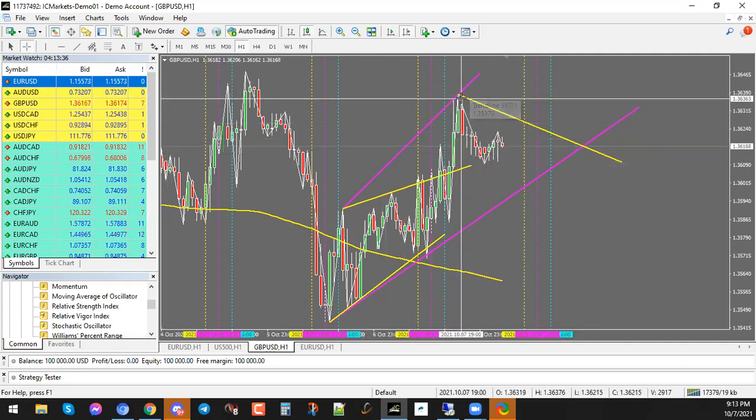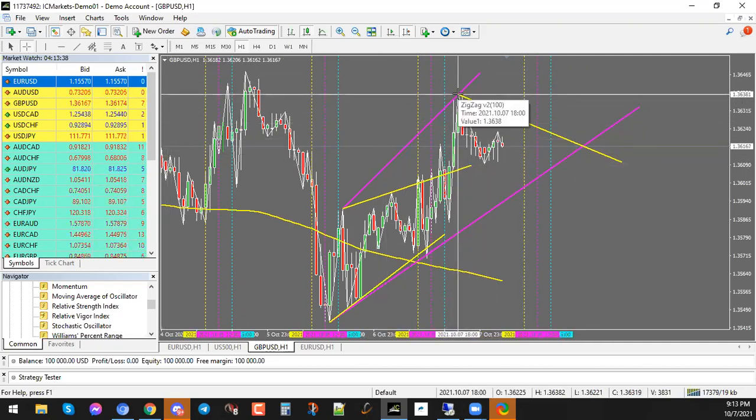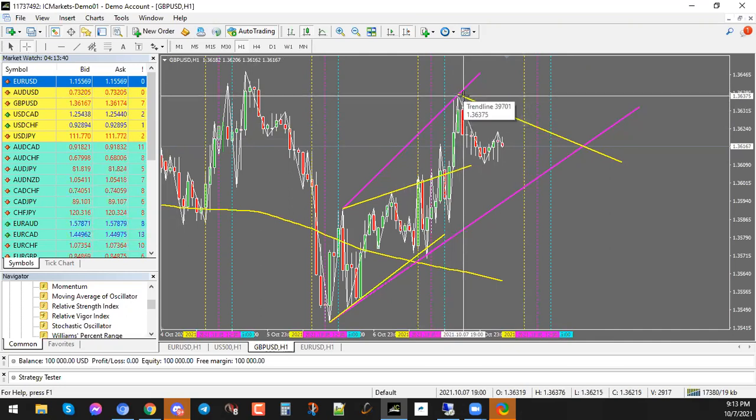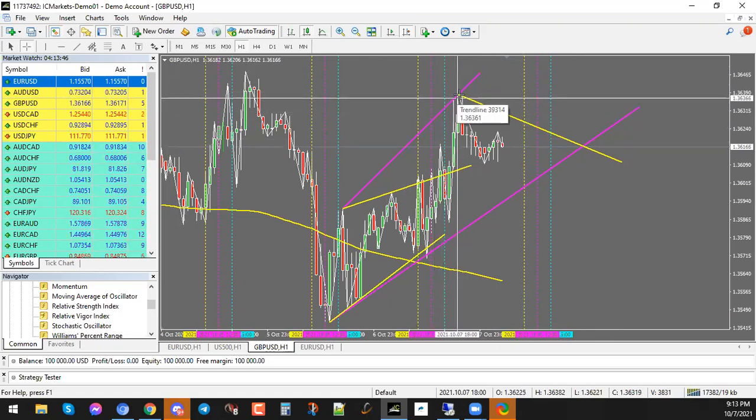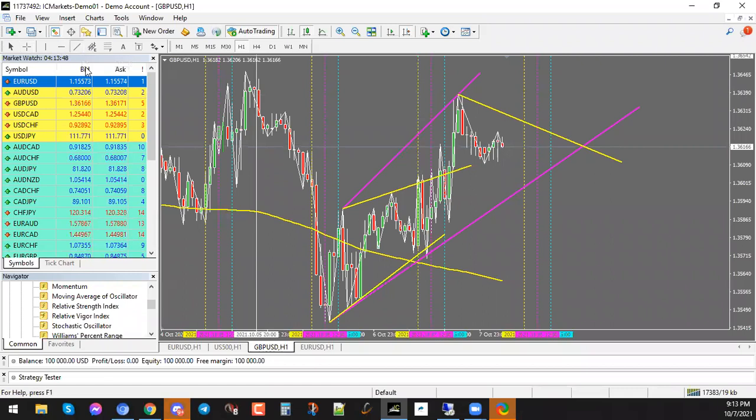So I would plot the first trend line from the highest point, the swing high in this case. Since we have a high of the day, I would plot my trend line on the swing high, and my next trend line will be on the swing low, which is here, right? And I would extend this into the future like that, okay?